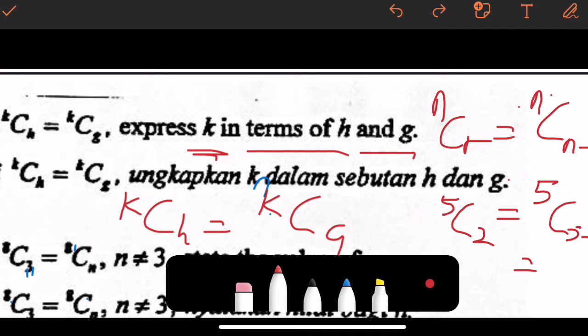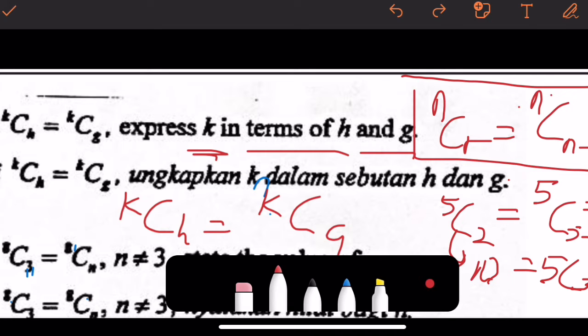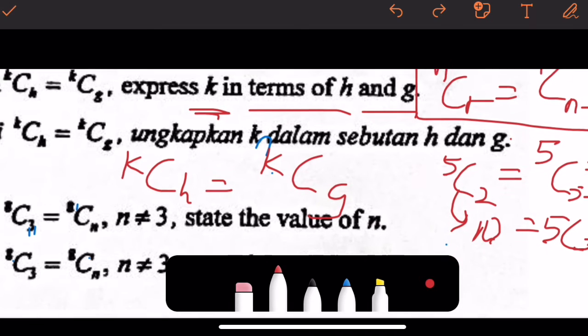If you press the calculator for 5C2 and 5C3, 5C2 you get 10. For 5C3, try and see whether you get 10 or not. You get 10 also, so both are equivalent to 10. This is the formula that we will use to solve this question.